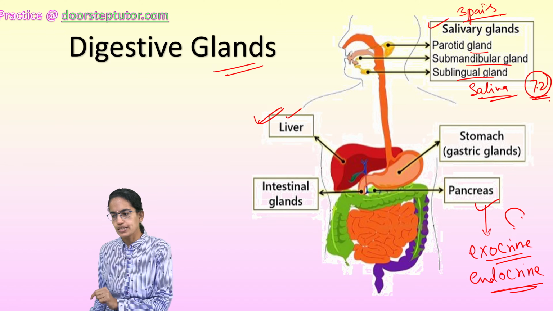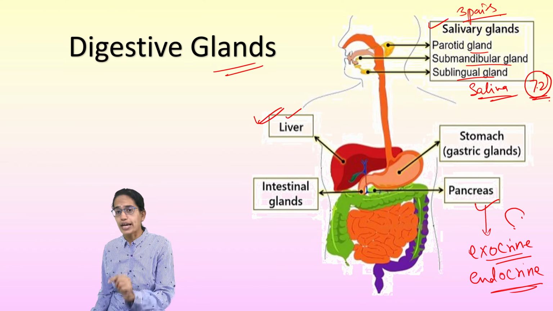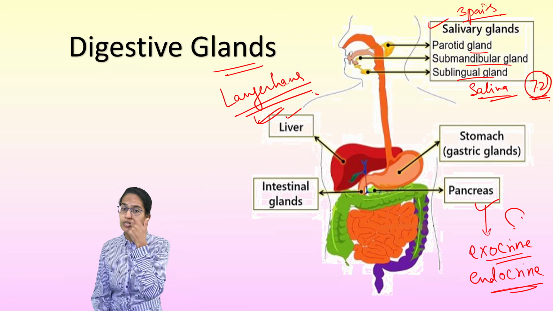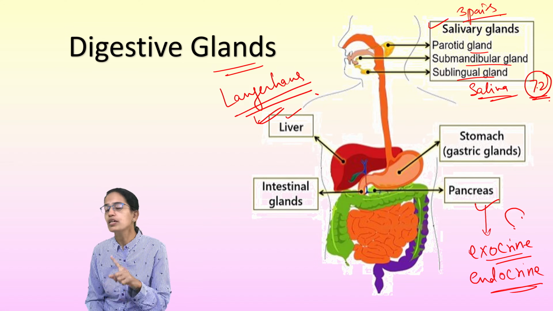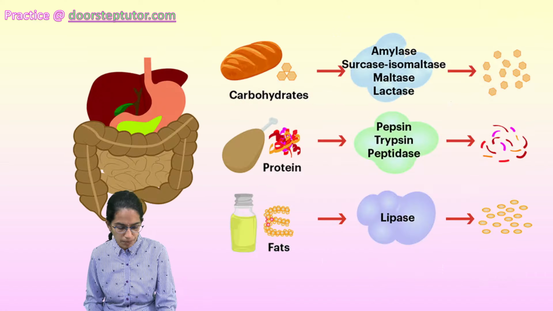As an endocrine gland, it is formed of islets of Langerhans, and these islets of Langerhans are important because they produce what? They produce insulin and glucagon, which aims to regulate the sugar level present within the blood.